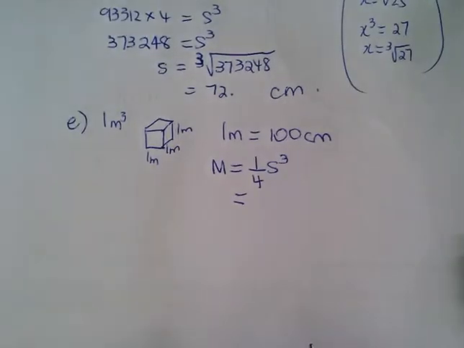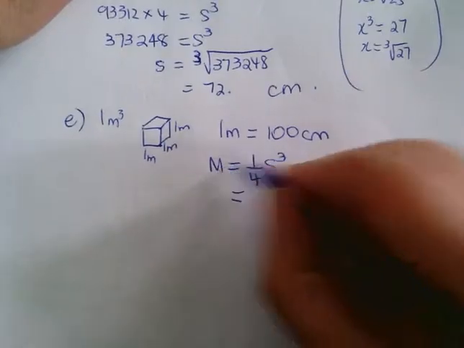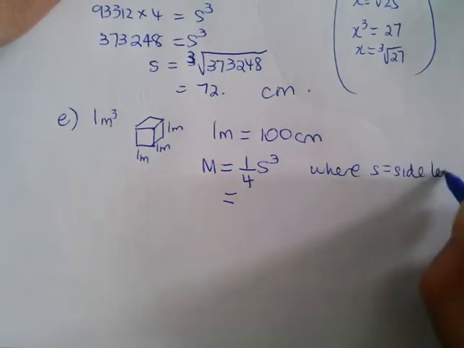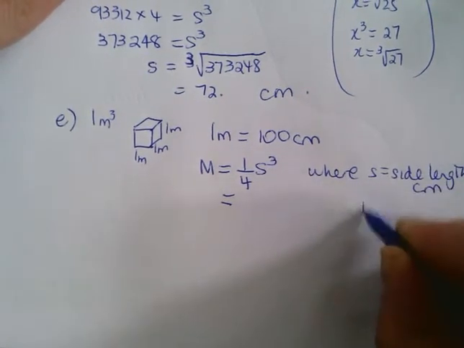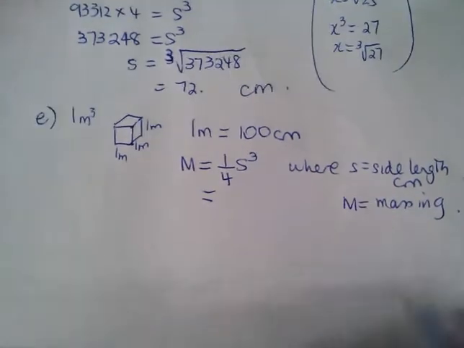Now, when you use this formula, it's going to give you the mass in grams. All right, so that's the formula where S is the side length in centimeters and M is the mass in grams. So I know they're asking you kilograms, but you must substitute into the formula with the units of the formula.